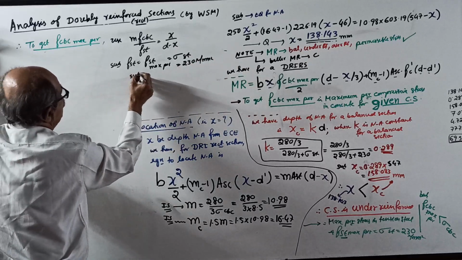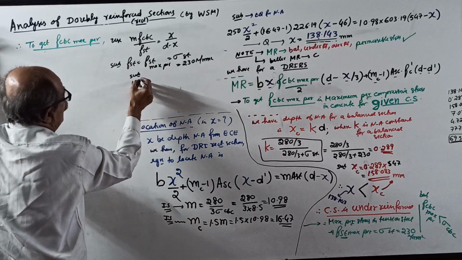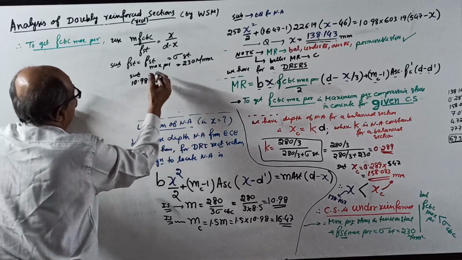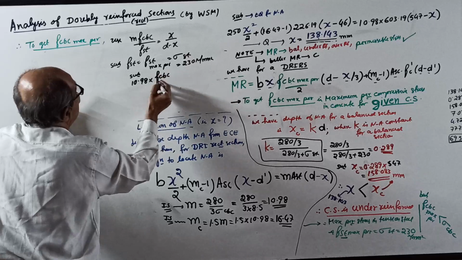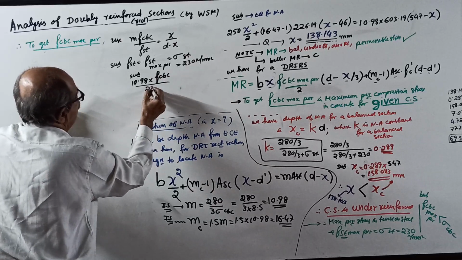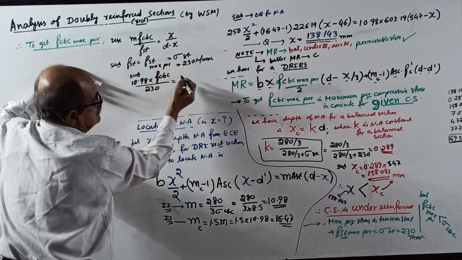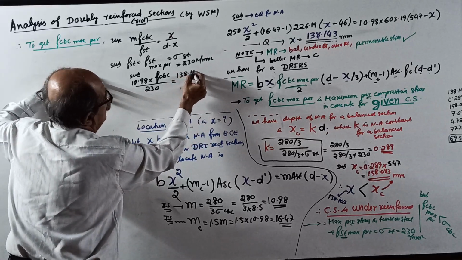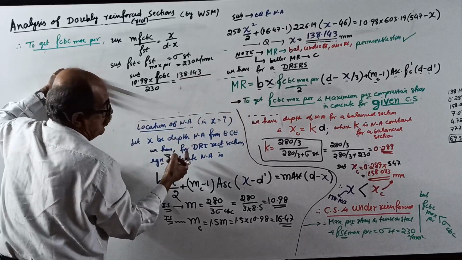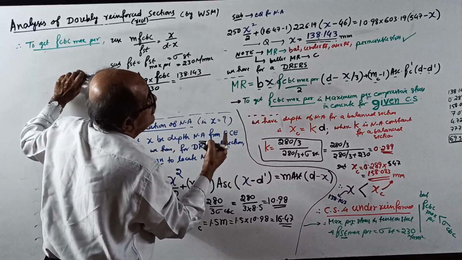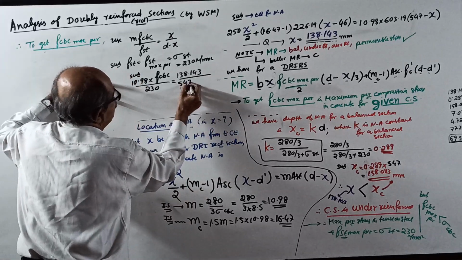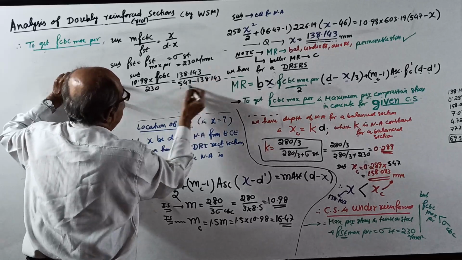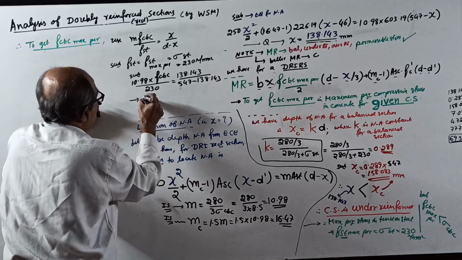Substituting m as 10.98, FCBC divided by 230 equal to X, 138.143 divided by, D is 547, yes, correct, 547 minus X, 138.143.